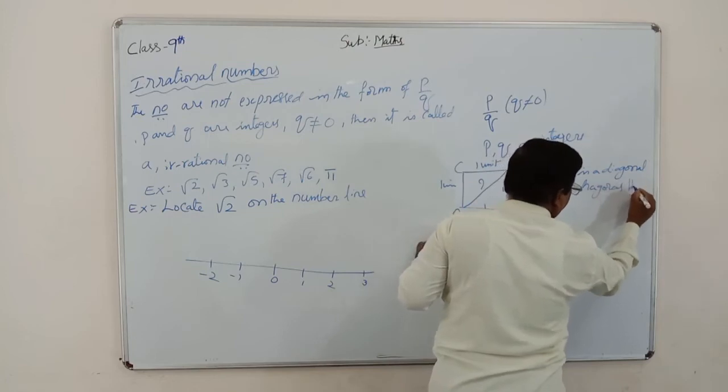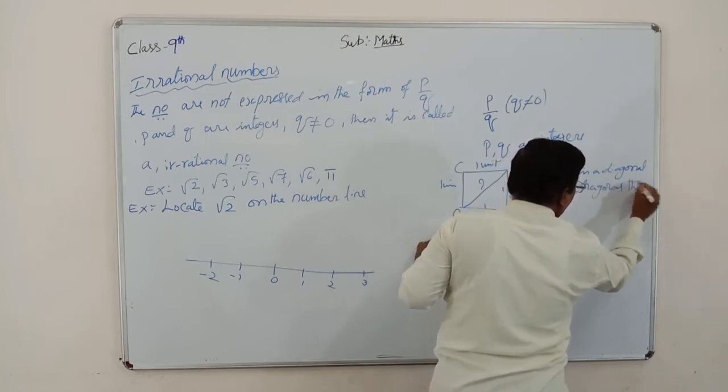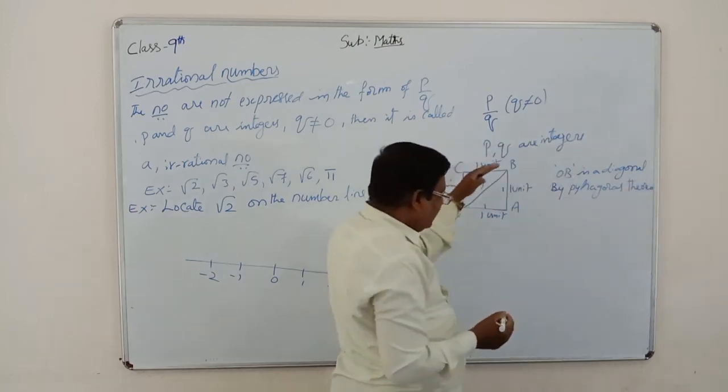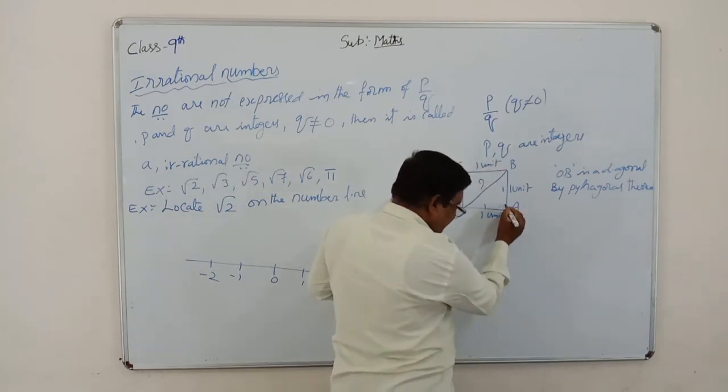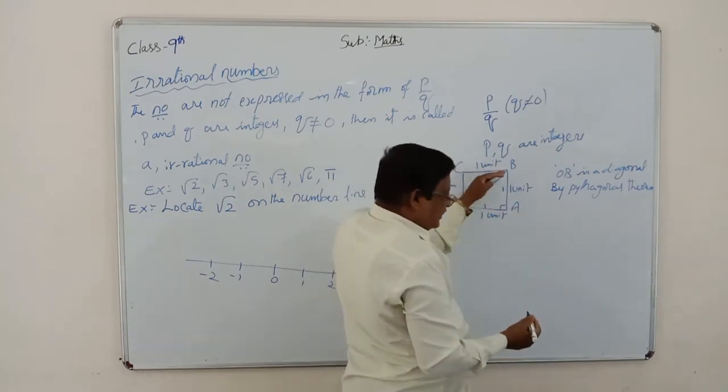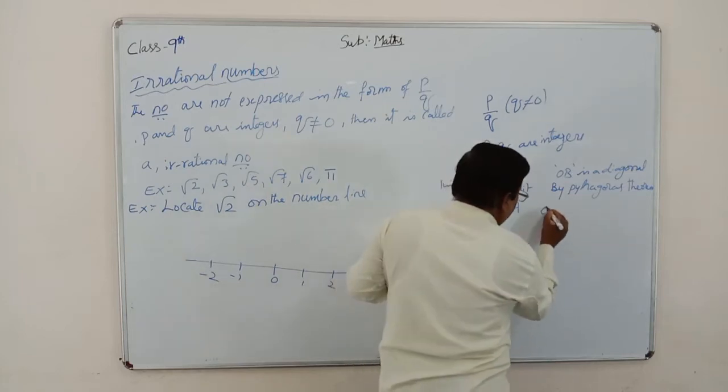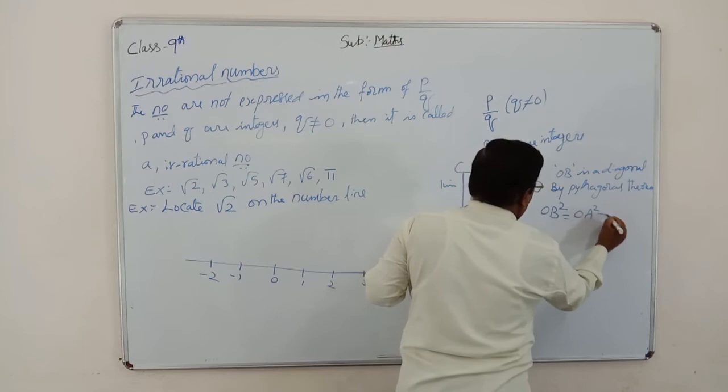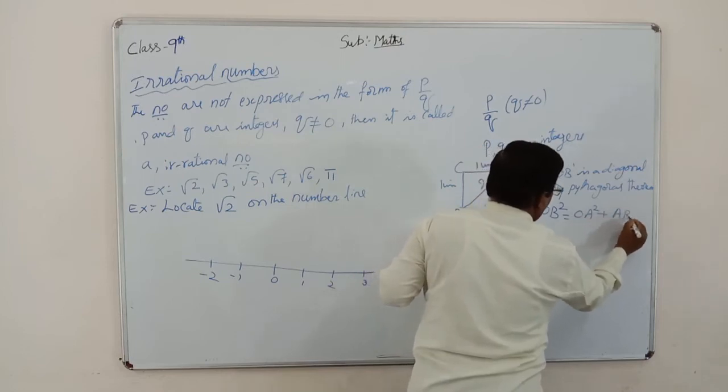This is a right angle triangle. The opposite side is the hypotenuse. OB square is equal to OA square plus AB square.